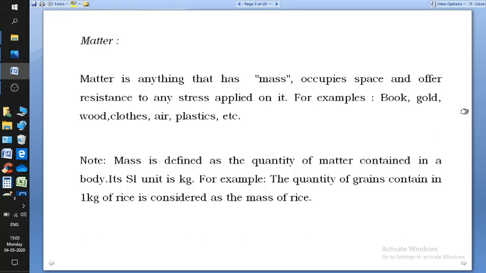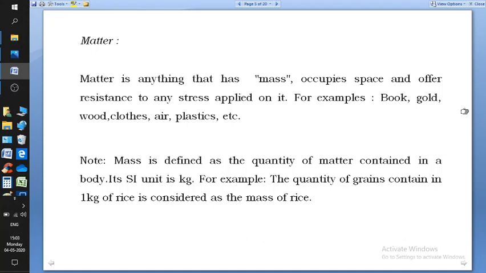For example, to make it more clear, the quantity of grains contained in 1 kg of rice is considered as the mass of rice. The quantity of the grains that is there in say 1 kg or 25 kg or 50 kg. How many grains are there in that kg? The number of grains is nothing but the mass of this.